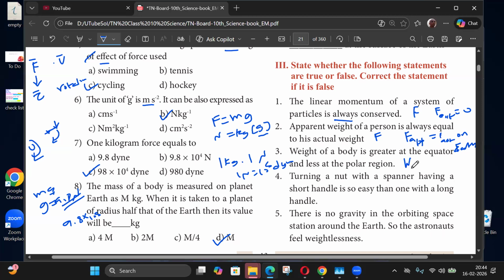The third one is also false now, sir. Weight at the equator is less. Why is it less? Because there's more polar region. No, no. The Earth is rotating like this. If you are here, you're rotating, but here it's almost no rotation. When you take a disk rotating about the vertical axis, this point is rotating, but this point on the axis is not rotating.